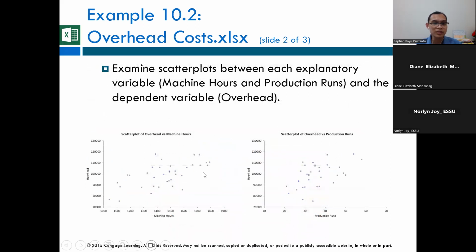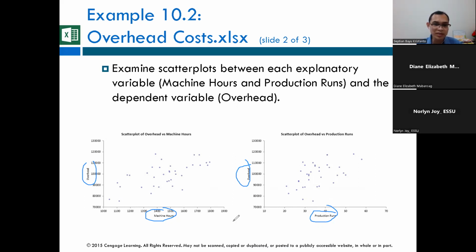When we look at the scatter plot, it could be like this one. We can compare the axis of X, which is the overhead, against the machine hours. This one is the overhead and this is the machine hours. And we also compare the overhead and the production runs. If you find plots like these, you can create some trend analysis.